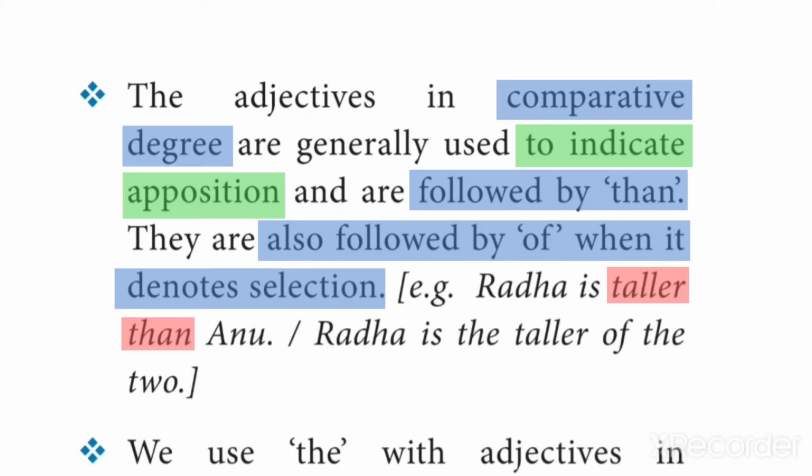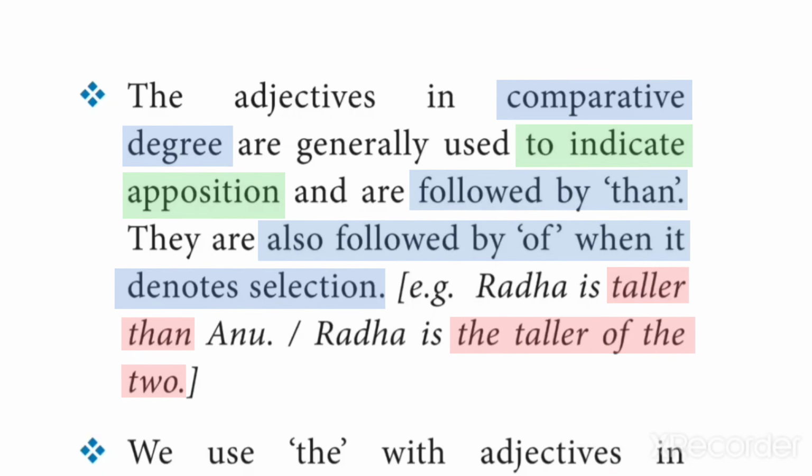The other example is Radha is the taller of the two. Both mean the same thing, just see the difference. The first one is Radha is taller than Anu, and in the second one, Radha is the taller of the two. Here, two represents Radha and Anu.